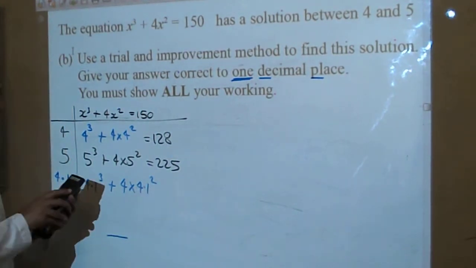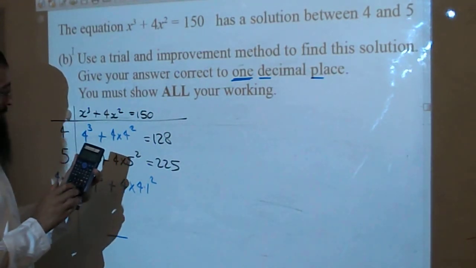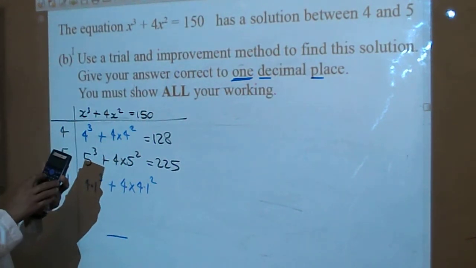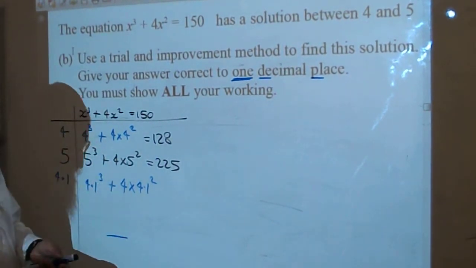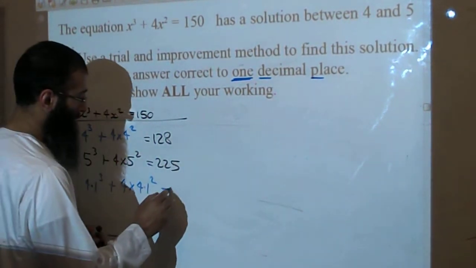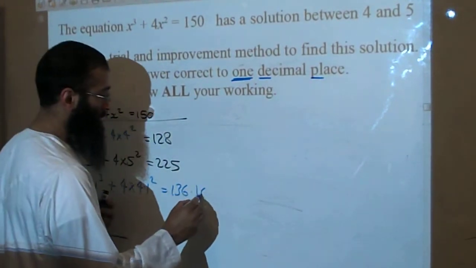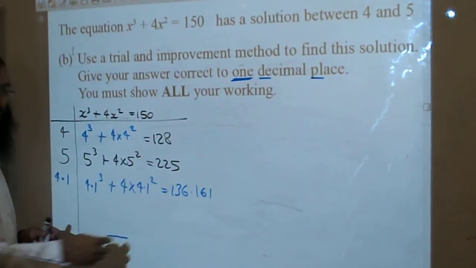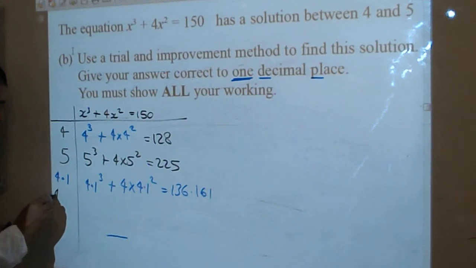On the calculator, we have 4.1 cubed plus 4 times 4.1 squared, and that gives us 136.161. Okay, are we getting closer? Yeah.